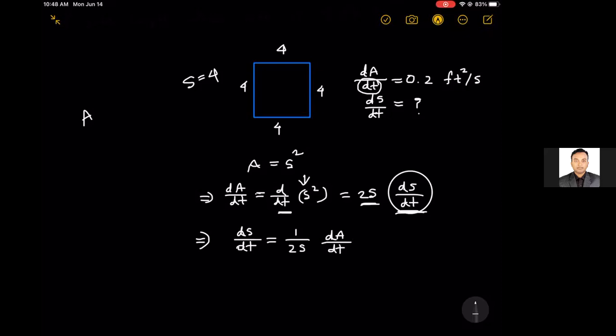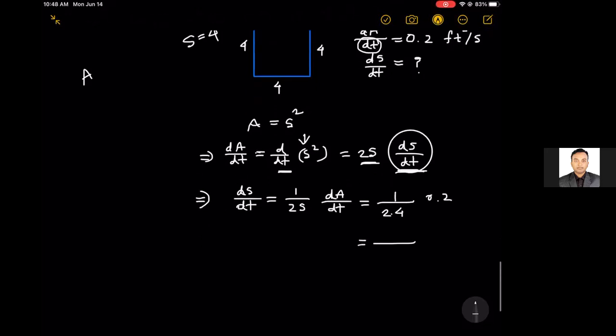And we know the values. s is 4 and dA/dt is 0.2. So 0.2 over 8, which is, if I use my calculator, 0.2 over 8 is 0.025.